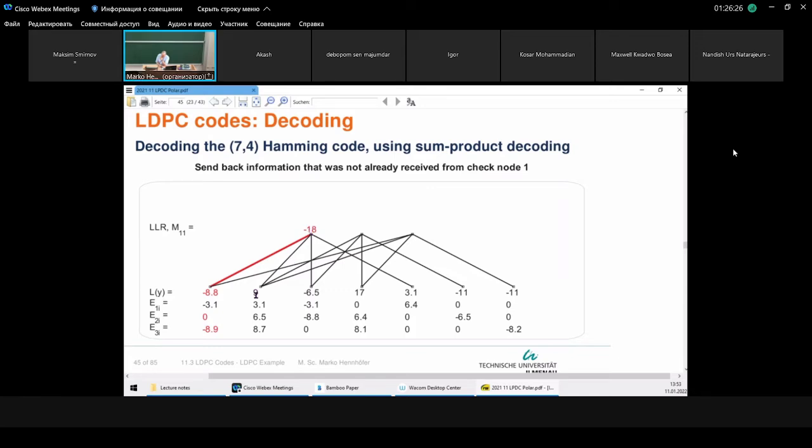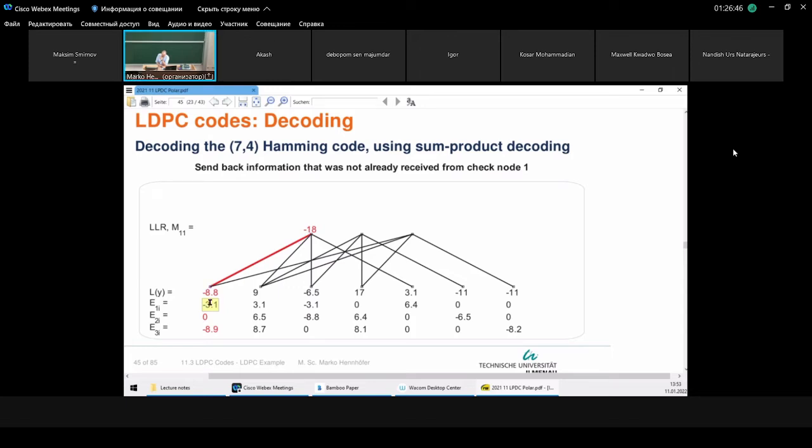This is the part which is a little bit difficult to understand. We just send back the information from the observation, and the information that we got from check node 2 and from check node 3. We don't send back the information that we received from check node 1 before.